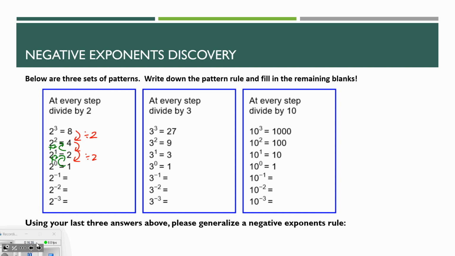So, all right, 2 to the negative 1: I need to take this 1 and divide by 2. What's 1 divided by 2? 1 divided by 2 is 0.5, or in other words, 1/2. All right, 2 to the negative 2: I need to take 1/2 and divide by 2. I'll do my work over here so you can see. 1/2 divided by 2.